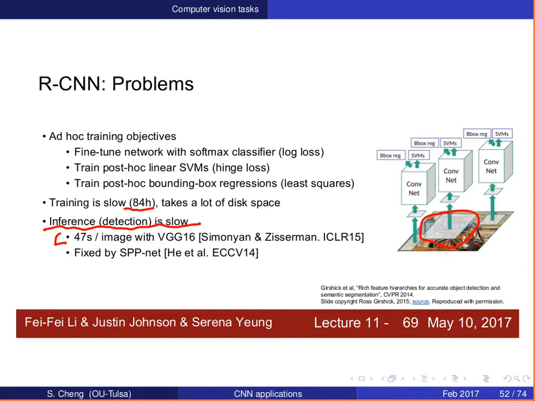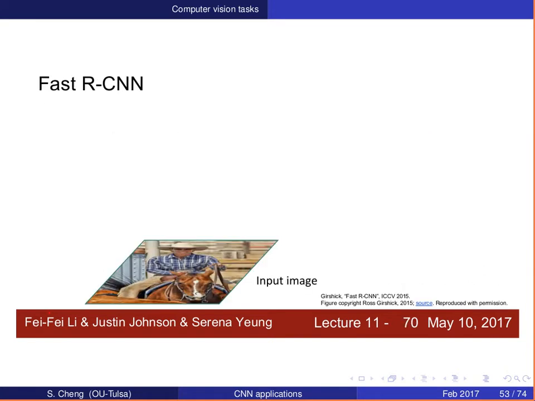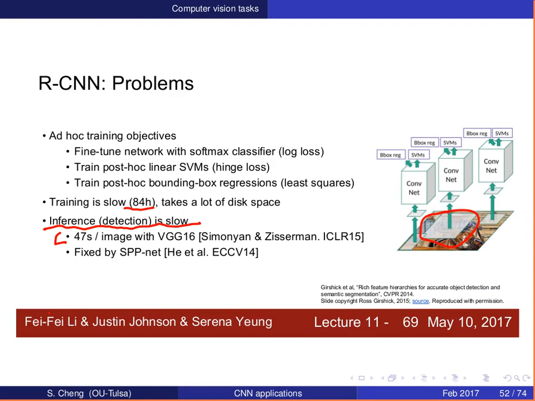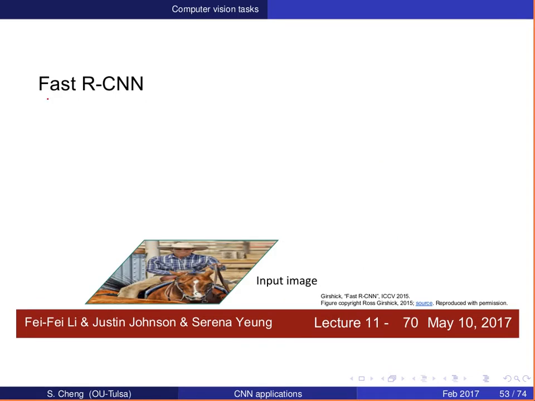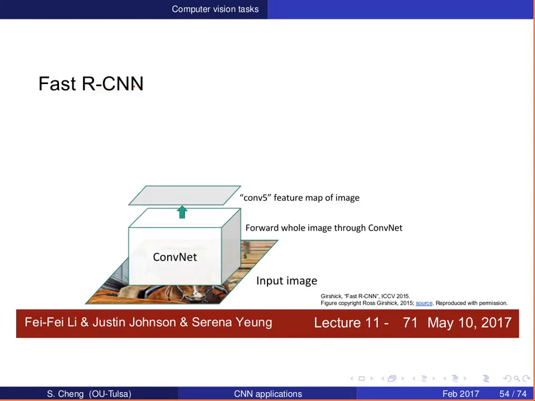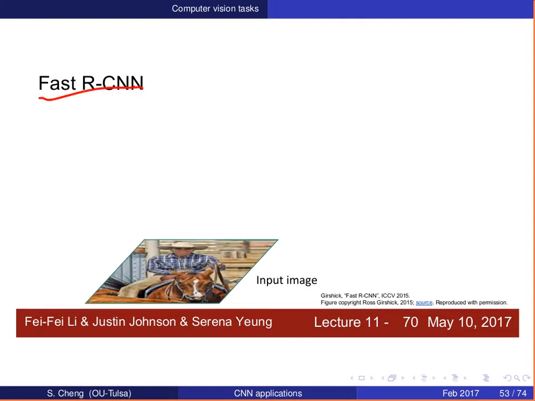So then there's a fix called SPP-Net, but I won't go into this one. Instead, we'll look into the so-called Fast R-CNN. What it does is actually pretty natural.